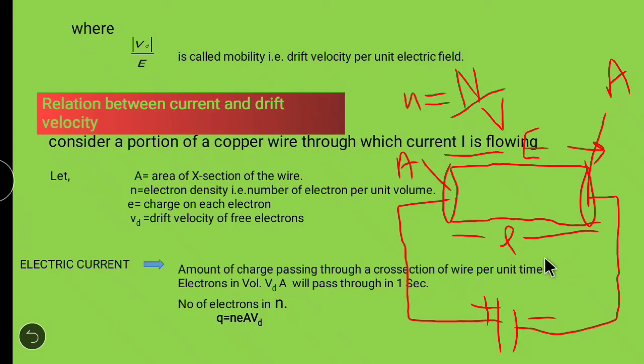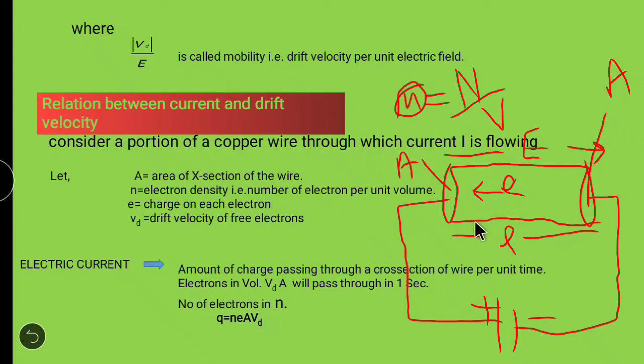So see students, what is the amount of charge passing through a cross section in a unit time? See, n is the number density of free electrons, and Vd is the drift velocity. Suppose this is the electron and it will move towards this direction.